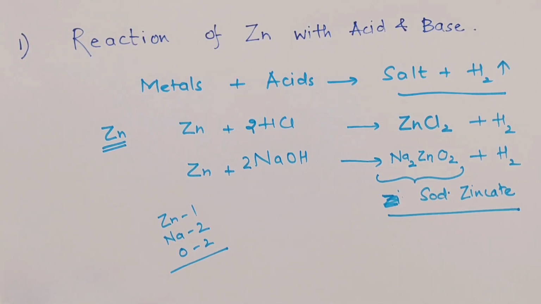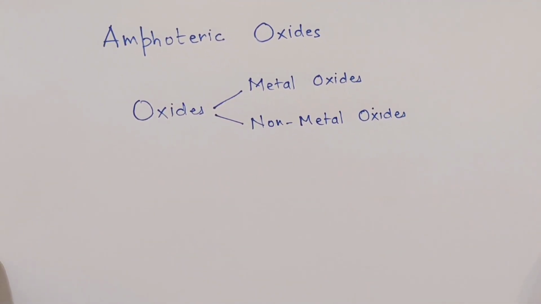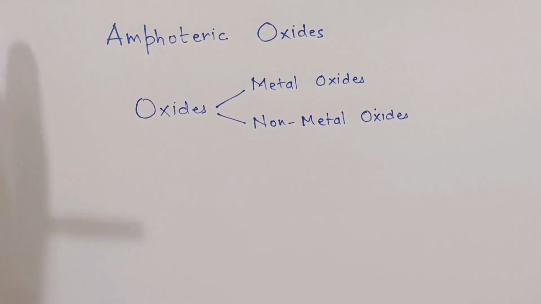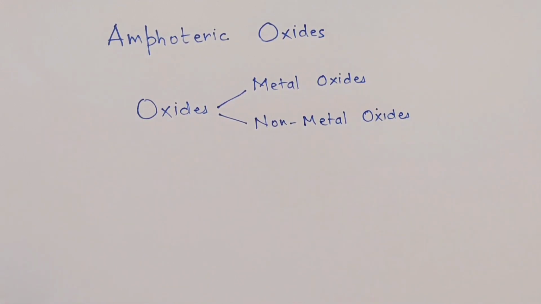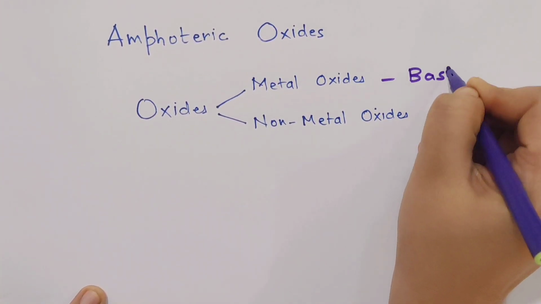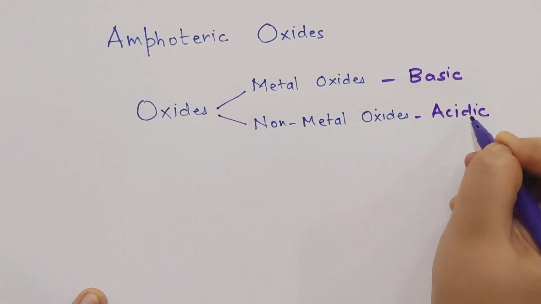Our next topic is, not next topic, the topic that is closely related to this, is amphoteric oxides. Now, oxides we know are of 2 kinds, metal oxides and non-metal oxides. Metal oxides are the ones which are basic. Non-metallic oxides are the ones which are acidic, right?